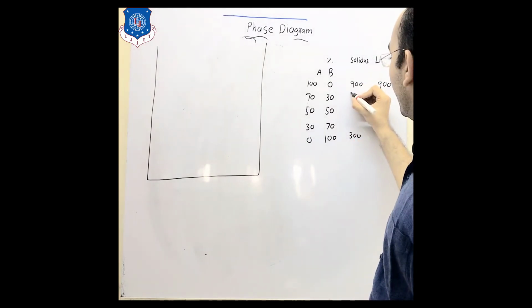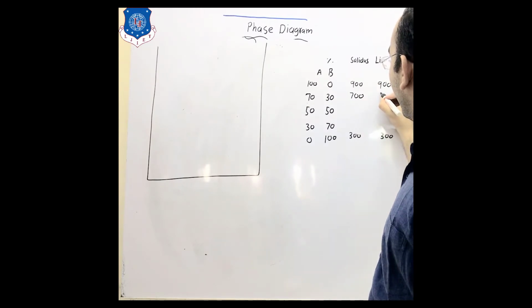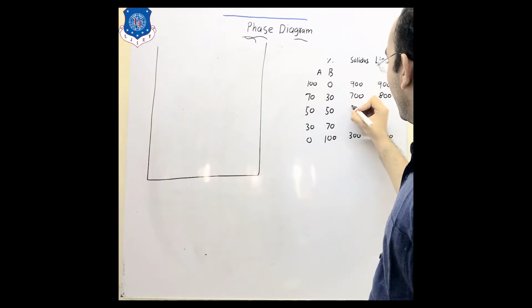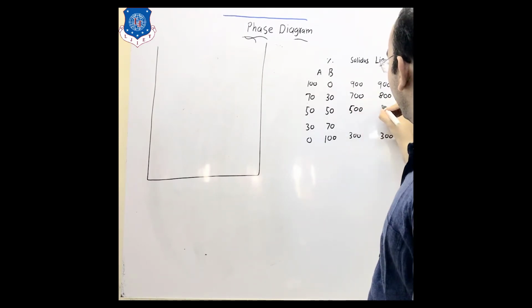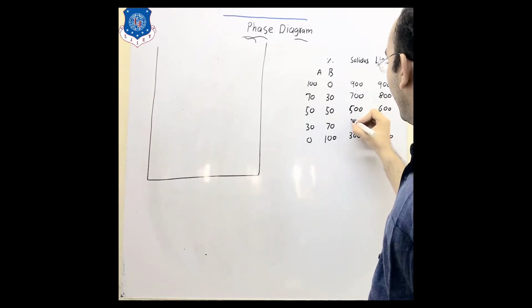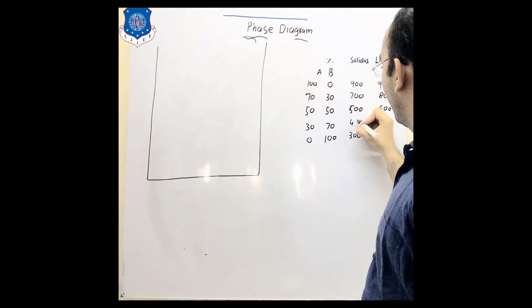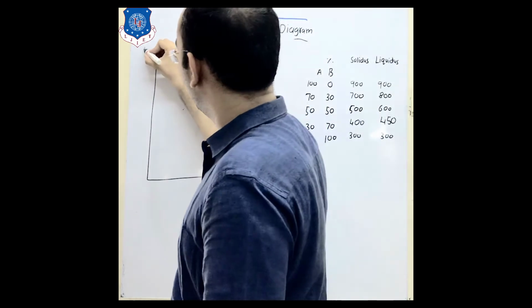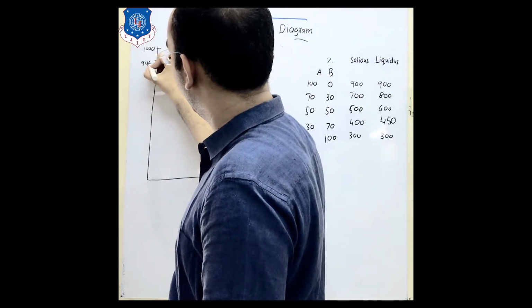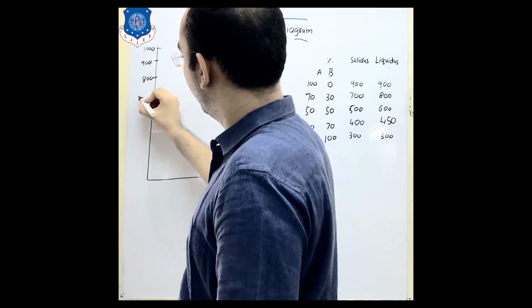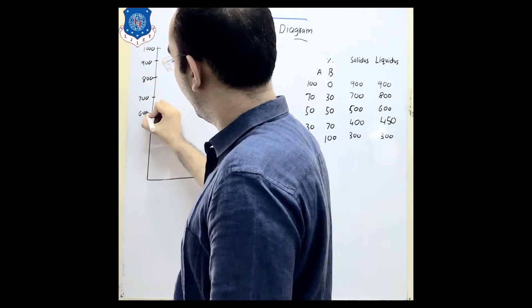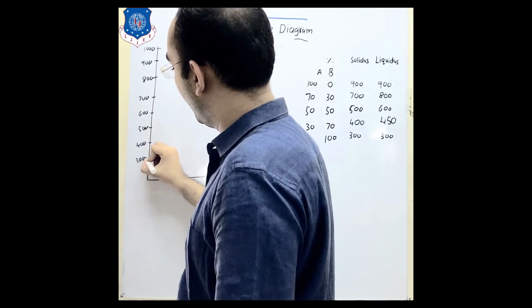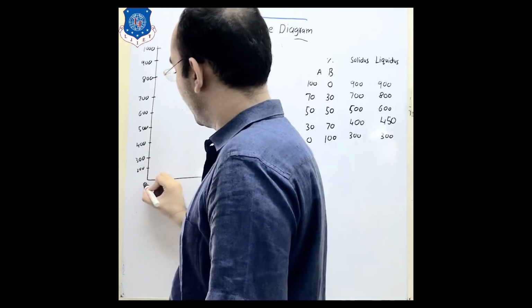For example, over here let us take 700, over here 800, then 500, 600, 400, 450. Let us divide the axis: 1000, 900, 800, 700, 600, 500, 400, 300, 200 and 0.